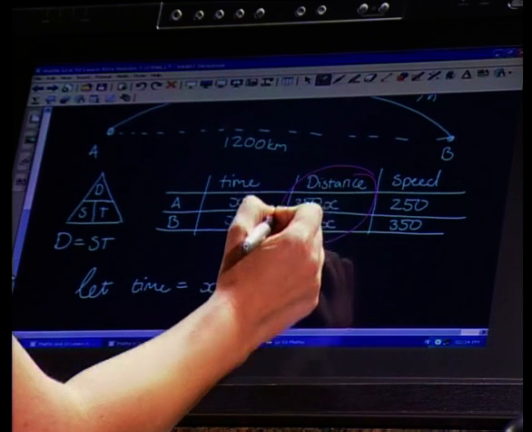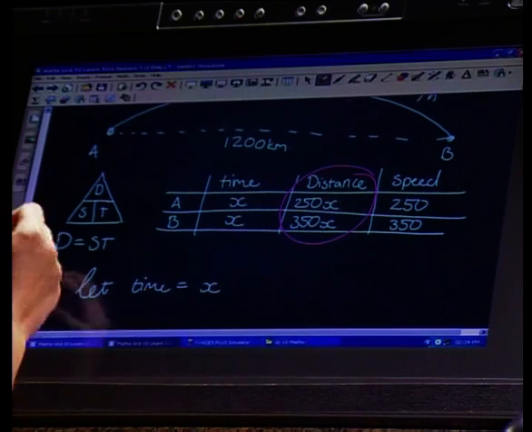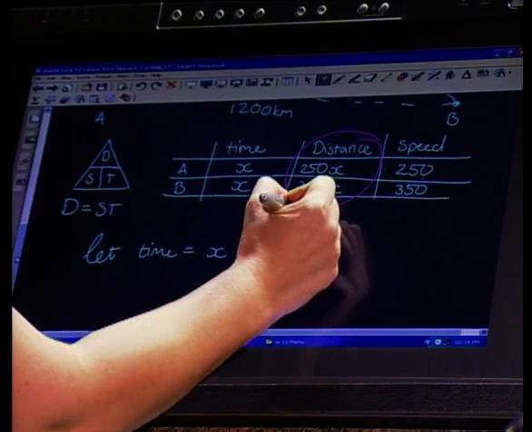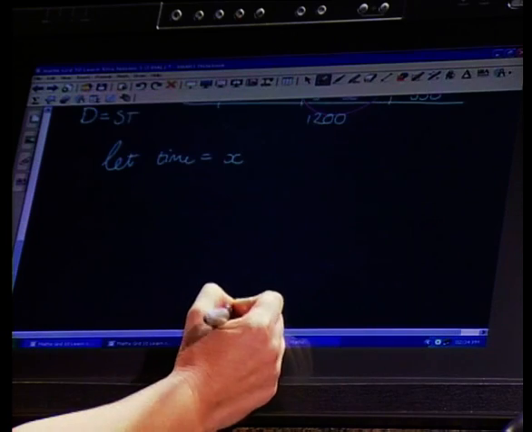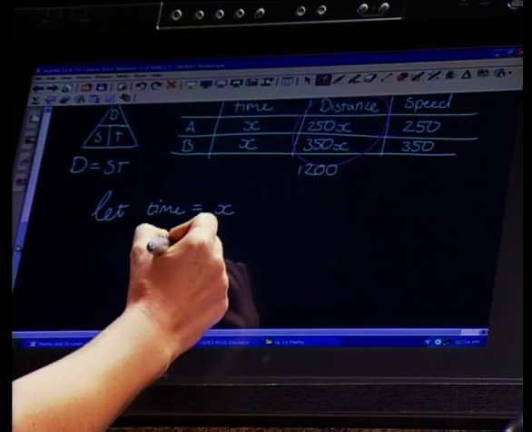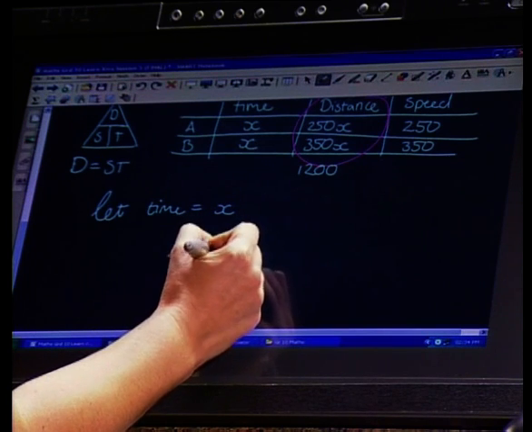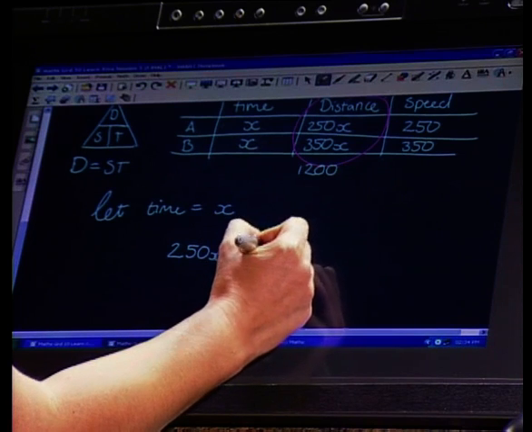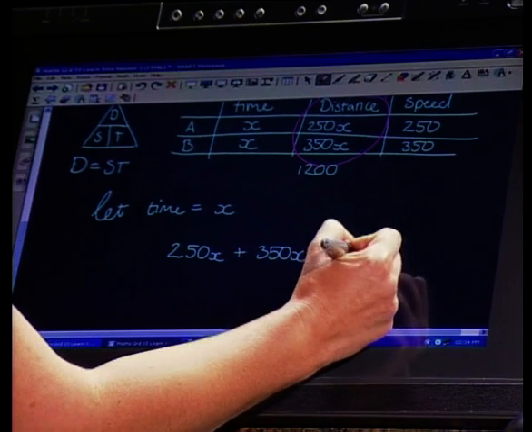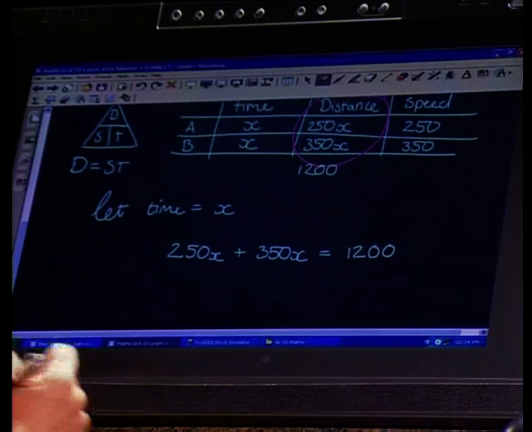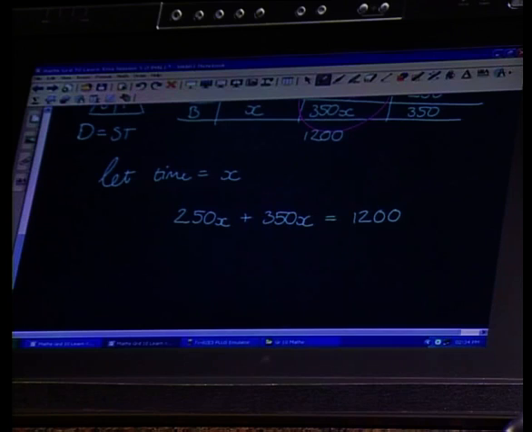Now we know that when they reach each other, they are going to have flown a combined distance of 1,200 kilometers. That means our equation is going to be plane A's distance plus plane B's distance equals 1,200 kilometers. Now it's pretty plain sailing.